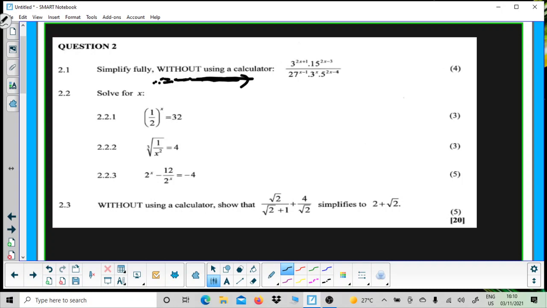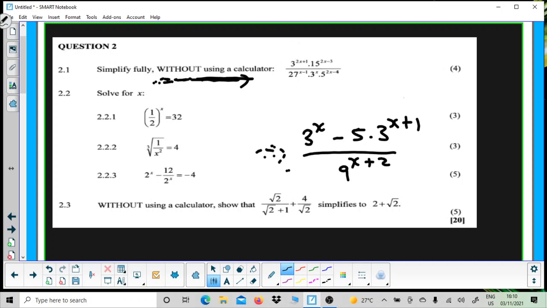So let's say there was something like this, 3 to the power x minus 5 by 3 to the power x plus 1, and then maybe something with 9 to the power x plus 2. Let's say it was like this. This won't be a one-term sum. Here you would do factorization. Let me do what you were going to do here so you can see the difference. If it was like this, notice on the numerator there is that negative there, hey?